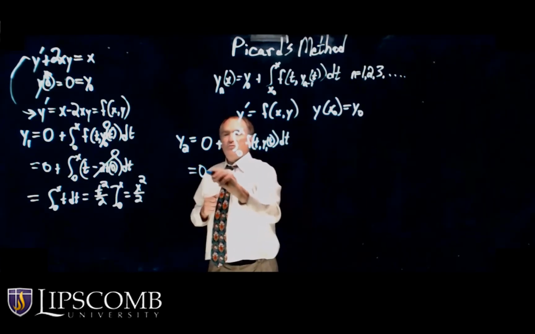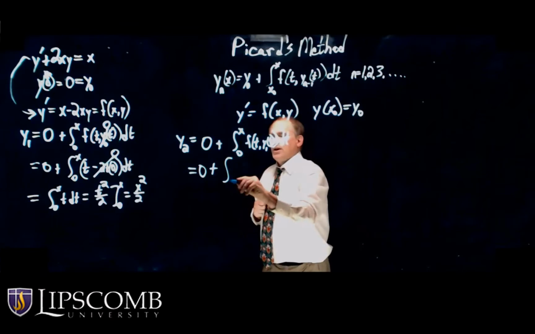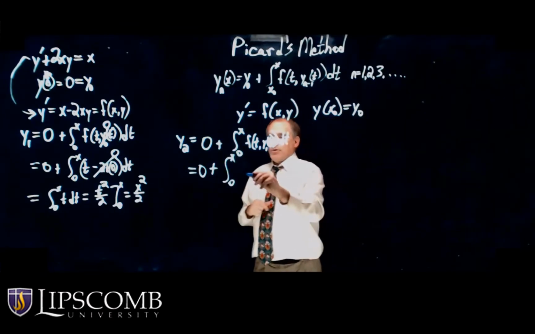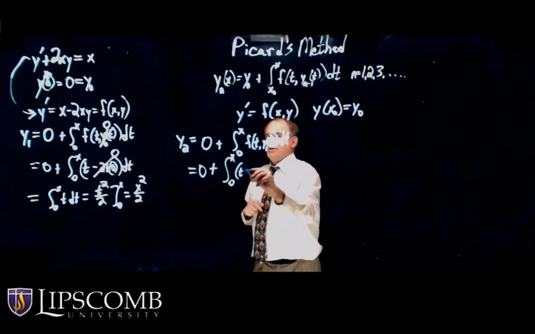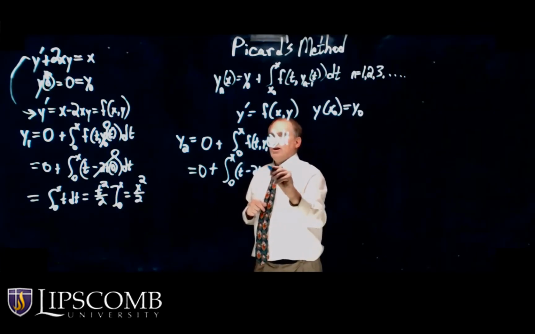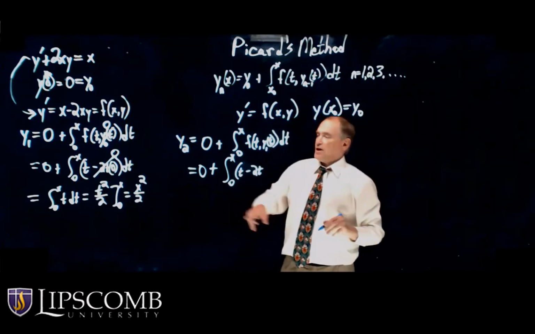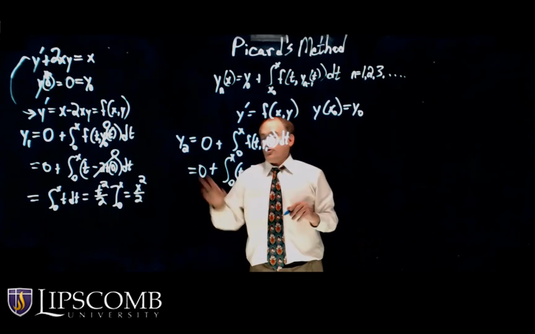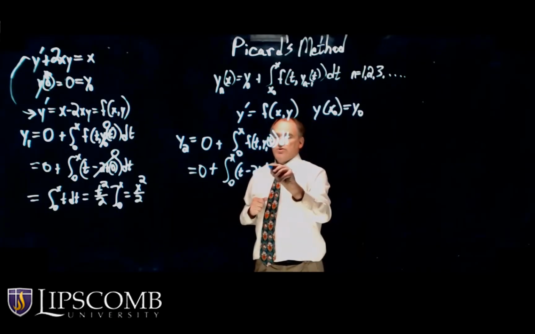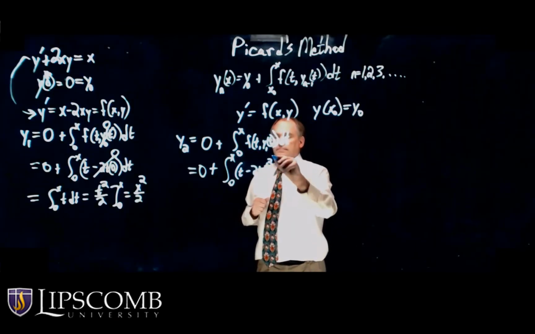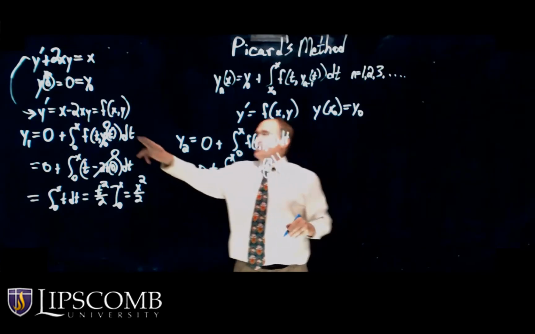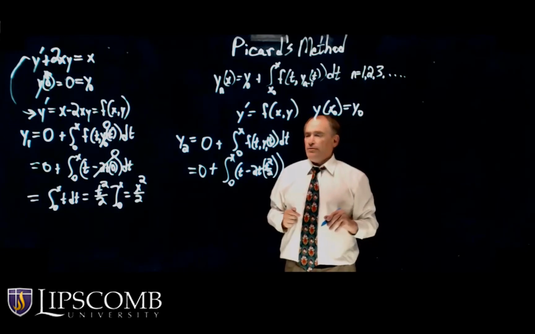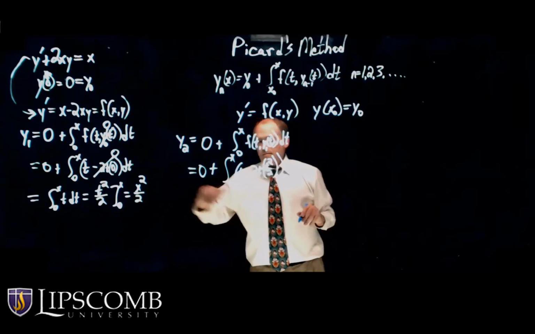Where I see an x, I put a t, so this is t minus 2t, but instead of y this time I put t squared over 2, because that's my new y.